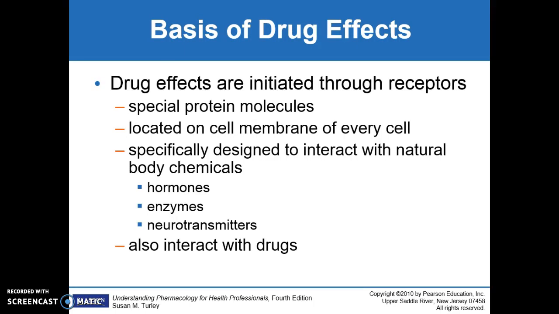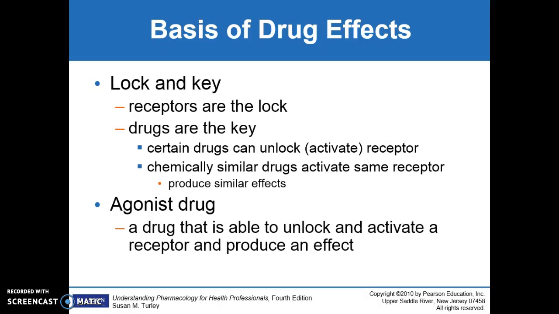The way a drug actually works is that it works by initiating things through the receptors within cells. It's kind of like a lock and key mechanism. The receptors themselves are the lock, the drugs are the key, and only certain drugs work with certain locks. So you have to keep in mind that not everything is going to necessarily work if that drug doesn't work with that particular lock.